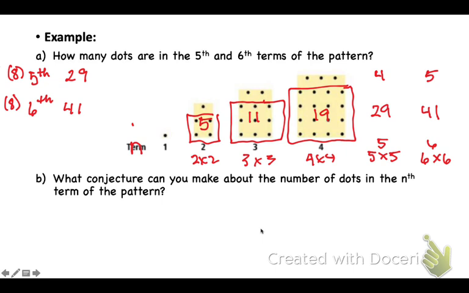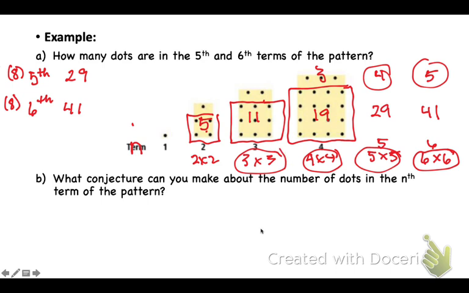When I plugged in 1, I got 1. When I plugged in 2 to this equation, I got 5. Now, we did this in 2 different parts, yes? 6 times 6, then added 5. 5 times 5, then added 4. 4 times 4, then added 3. 3 times 3 and added 2. 2 times 2 and added 1. And then it was 1 times 1 and added what? 0.